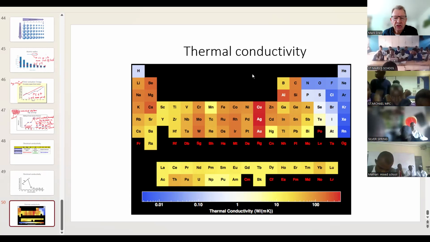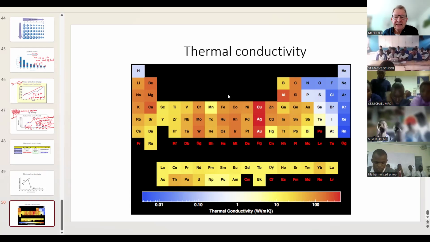But in general, just think metals are really good conductors, which is why we make them into saucepans and frying pans, and non-metals do not conduct well. And it's because the conduction of heat is done by metallic bonding, holding the atoms and transferring heat vibrations through it. Okay.